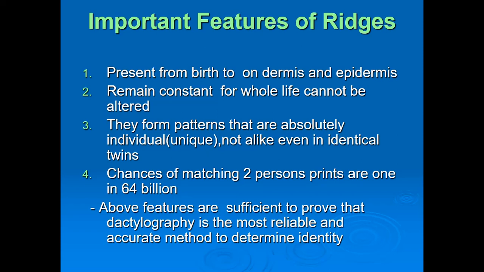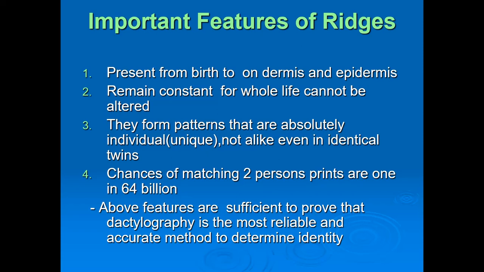Number one, they are present from birth to death on dermis and epidermis. So they are present throughout life. That means they are valid and they don't change, and they remain the same. So you can identify a person on the basis of these ridges from birth till death. They remain constant and don't change.